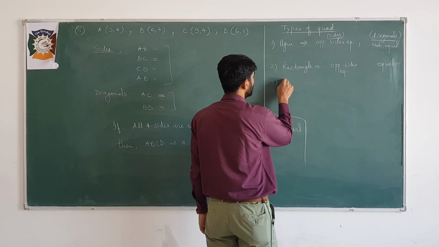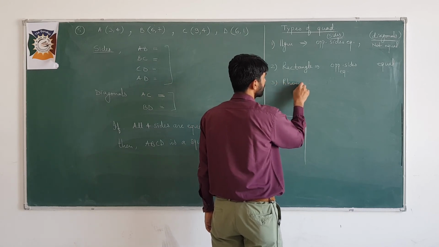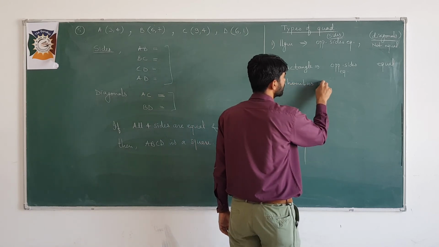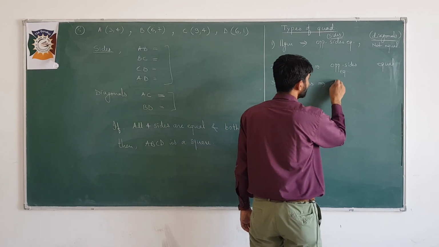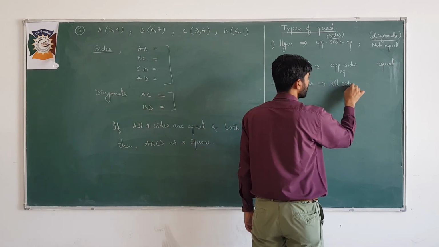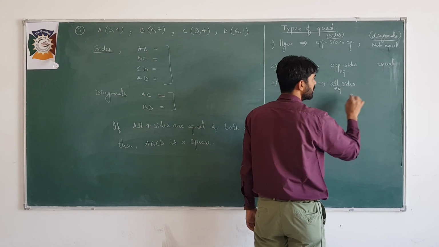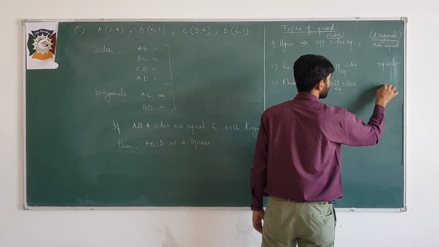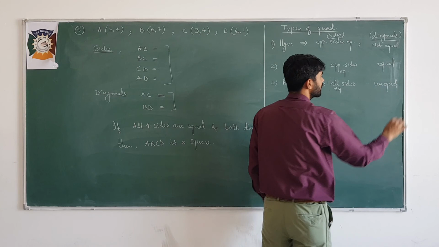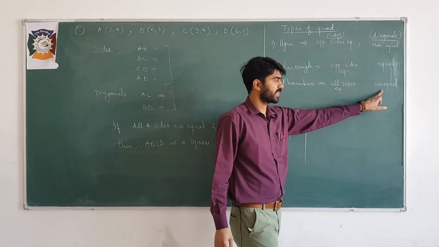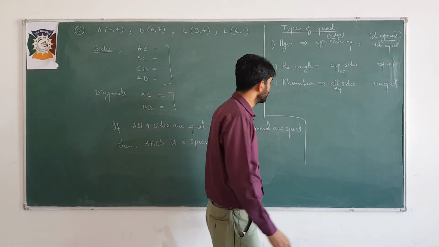Then third, rhombus: all sides equal and diagonals are unequal, diagonals are not equal, then it is a rhombus.